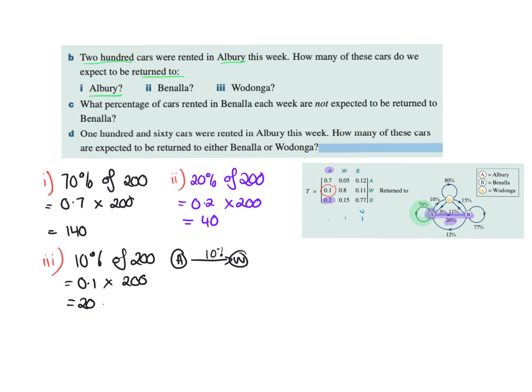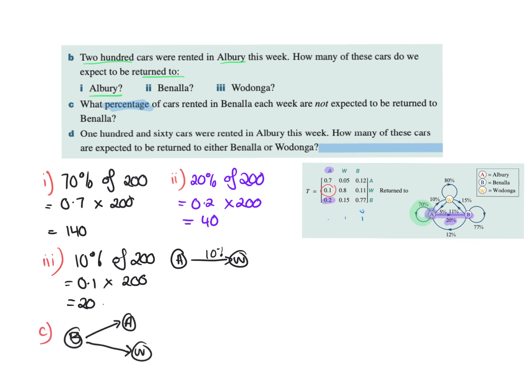So C, it says what percentage of the cars in Benalla each week. Remember, start highlighting now because things can jump around between number or percentage. Now they're saying percentage. What percentage of cars rented in Benalla each week are not expected to return to Benalla? If you're not going to return to Benalla, you're either going to go out to Albury or you're going to go out to Wodonga.